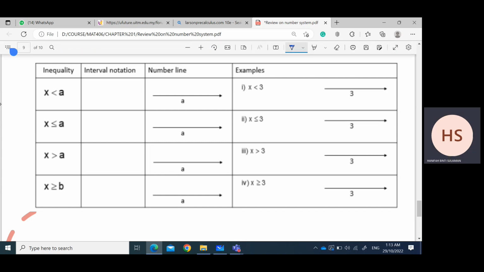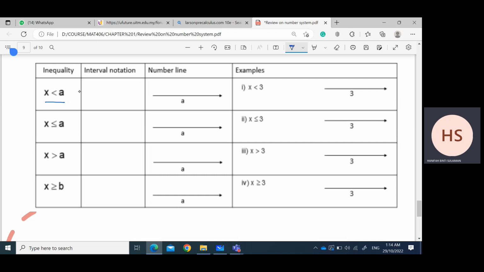Okay, so sebagai contoh kat sini X is less than A. So the number of X is less than A, kurang daripada A. So based on this inequality, we identified that the values of X is less than A, which is it can go to negative infinity. Okay, dia boleh pergi kepada negative infinity.